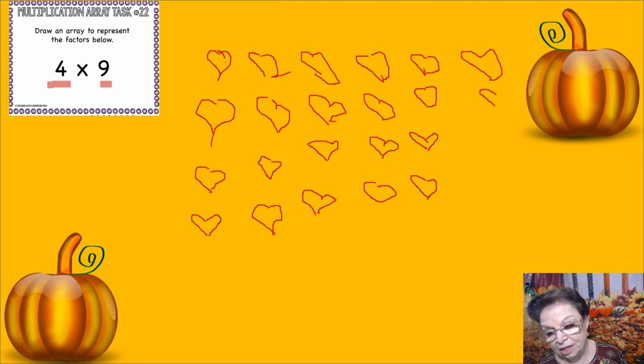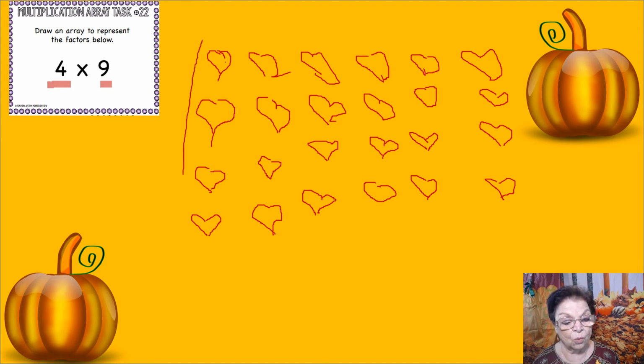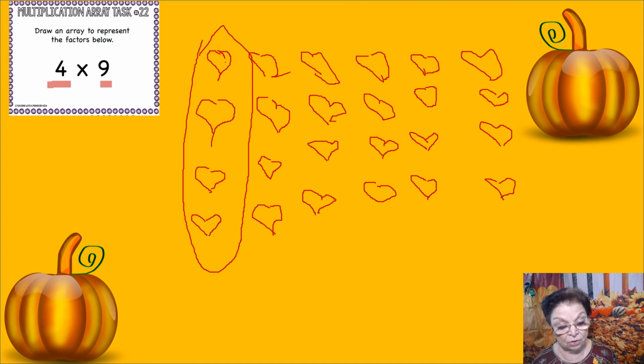there are ways you could figure out how many hearts are here so you could make sure there were 32 hearts in each box. You could count them because now they're going to be easier to count because they're organized. Or you could count each row and add them up. So you could go 4 plus 4 plus 4.